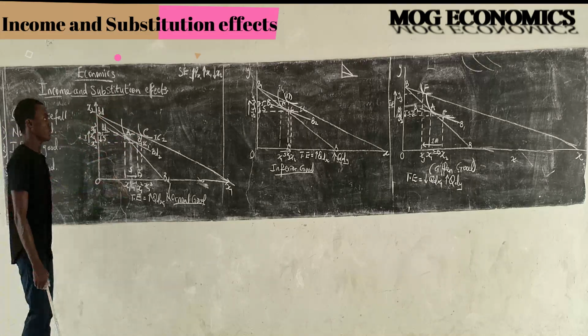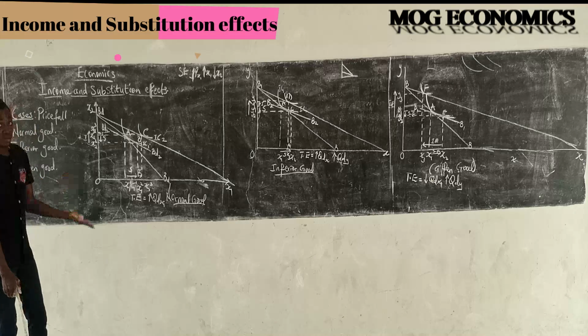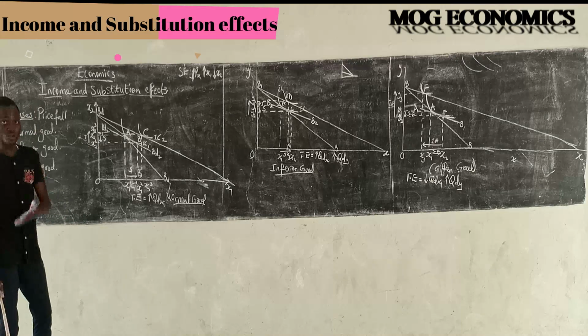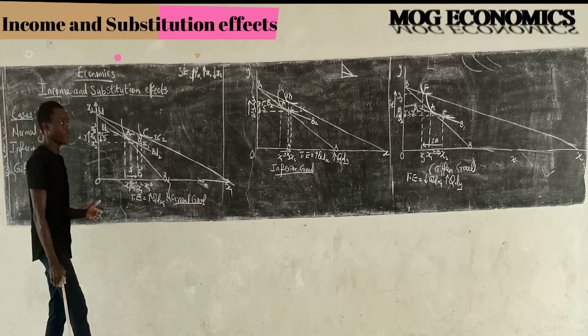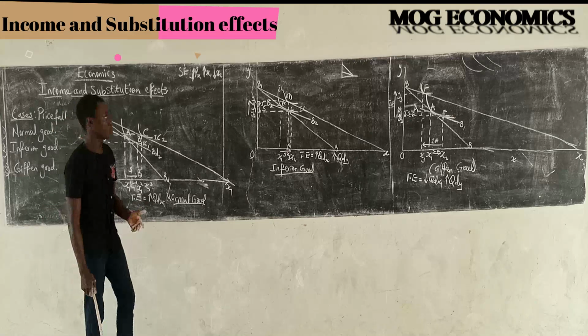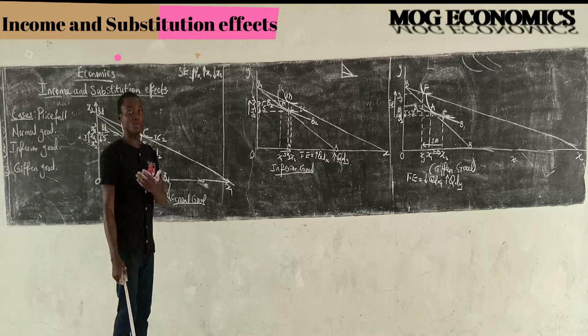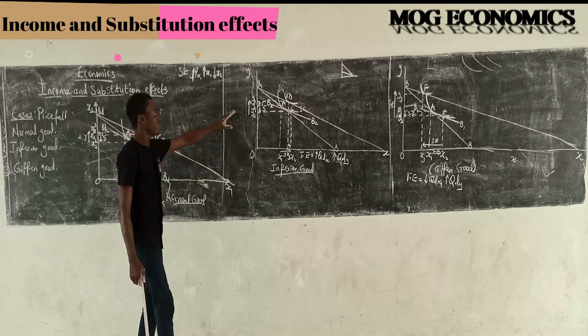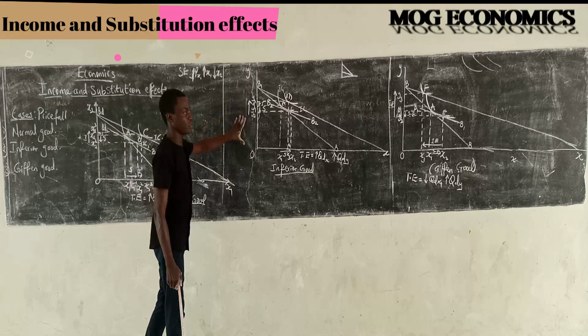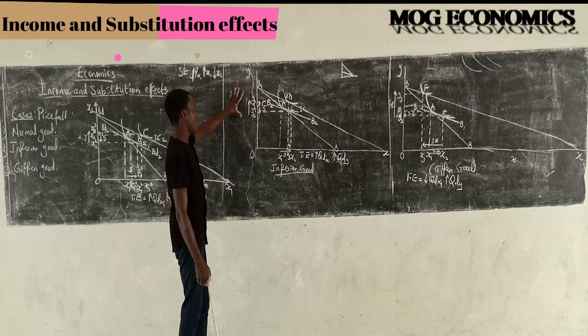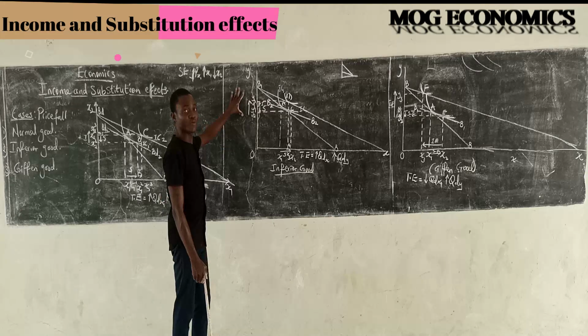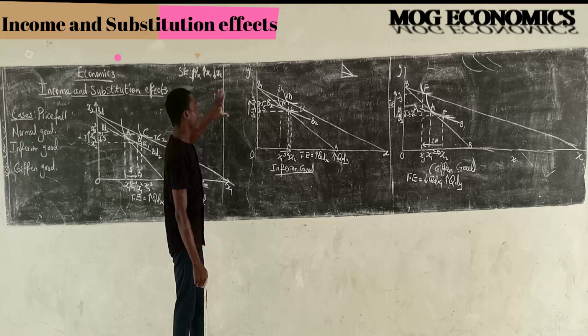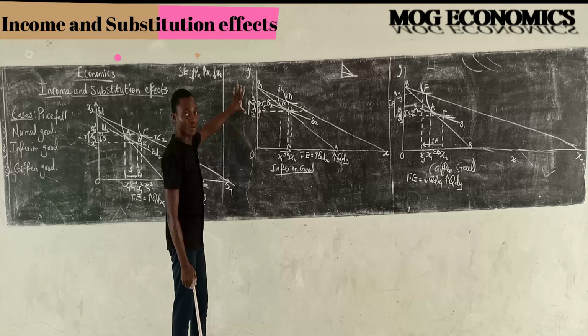And the one that isn't compulsory, but I advise you to do, especially for your exams anytime soon, is to practice how to sketch the income and substitution effect of those three goods if they are the goods on this axis.